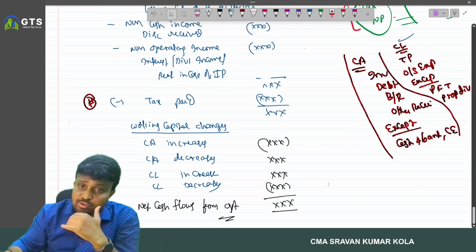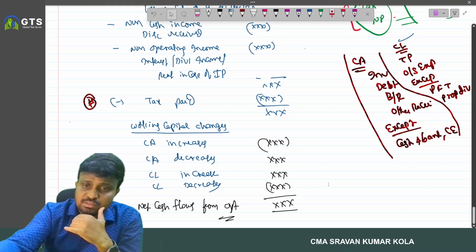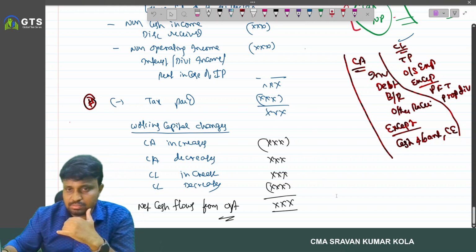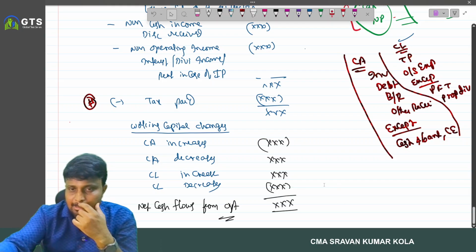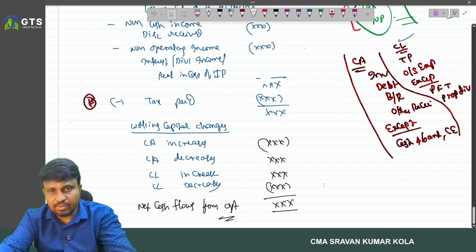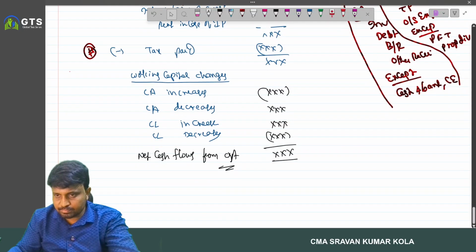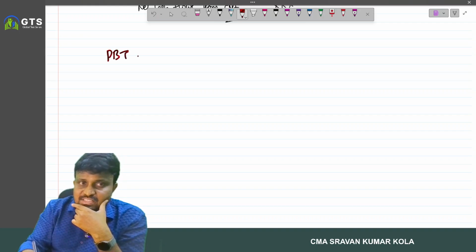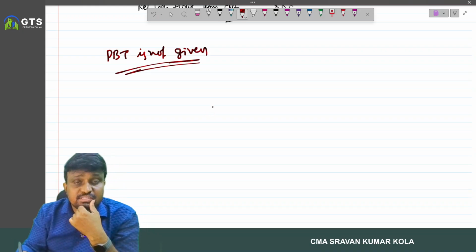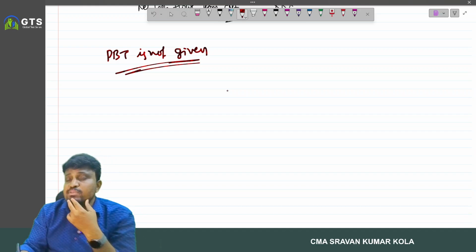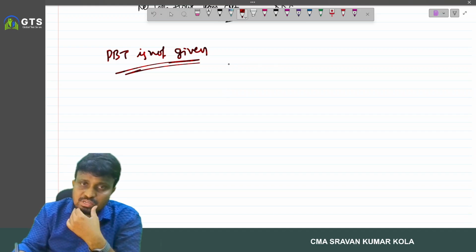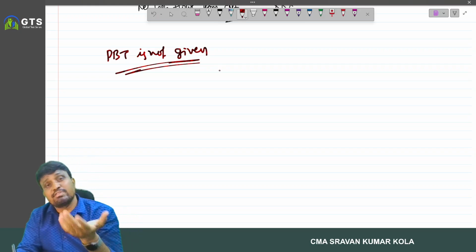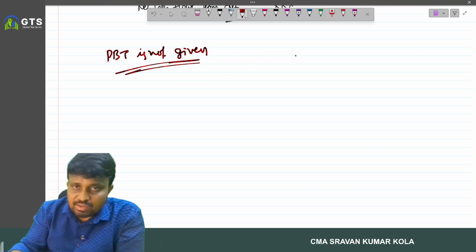And one more important point is, for example, profit before tax is not given in the problem. How to calculate? In case profit before tax is not given, then we have to calculate it from the balance sheet.